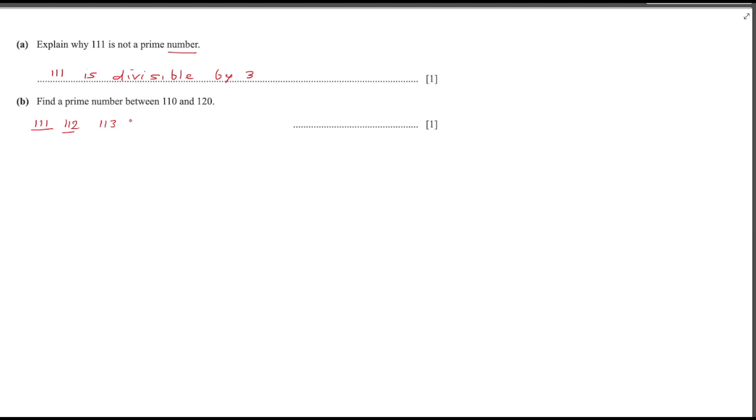Now it is not divisible by 2, not divisible by 3, not divisible by 5, not divisible by 7, and not divisible by 11 as well. So this is your prime number between 110 and 120. So here my answer is 113.